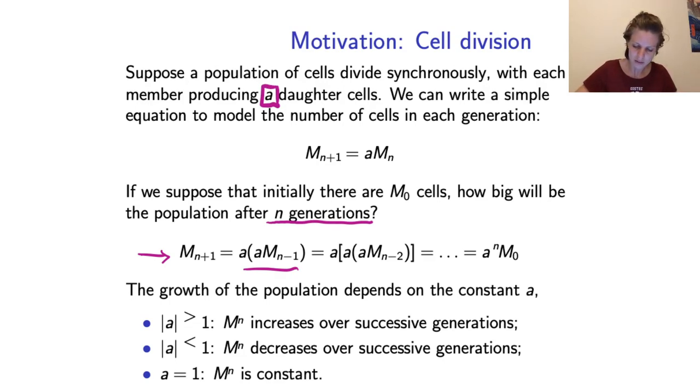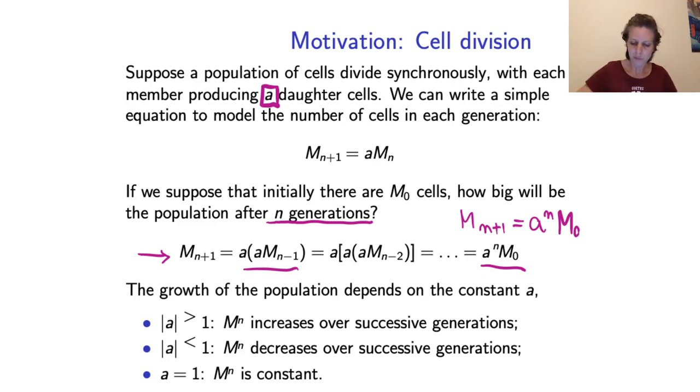So we get that this will be the amount of cells in the nth generation: m n is A to the n times m0.